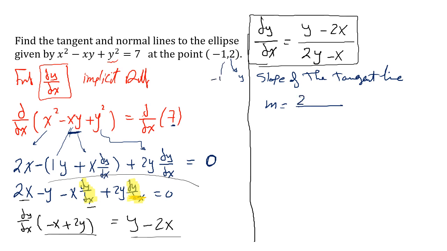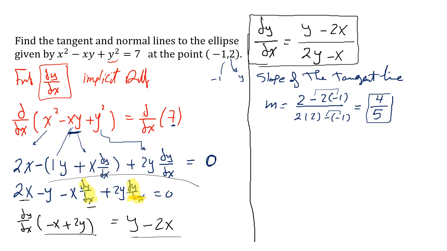So it's 2 minus 2 multiplied by negative 1, divided by 2 times 2 minus negative 1. Using a calculator or without, the final answer is going to be 4 over 5. Negative times negative is positive, 2 plus 2 is 4. Negative times negative is positive, 2 times 2 is 4 plus 1 is 5. So this is the slope of the tangent.